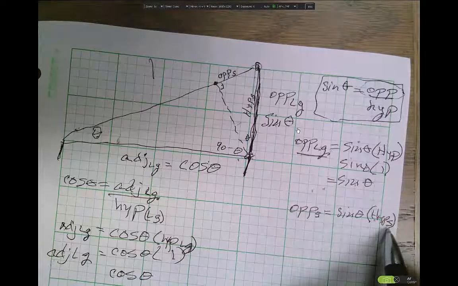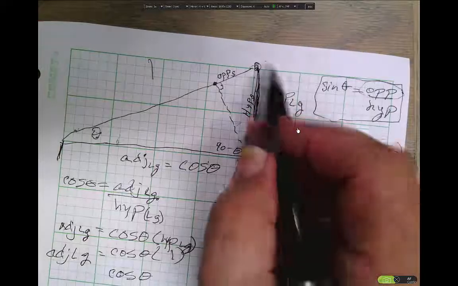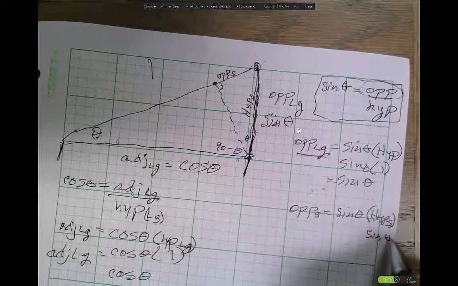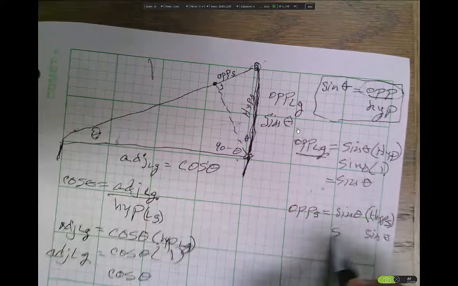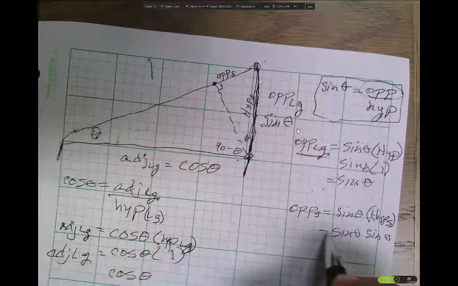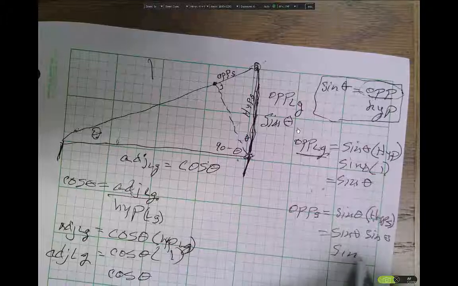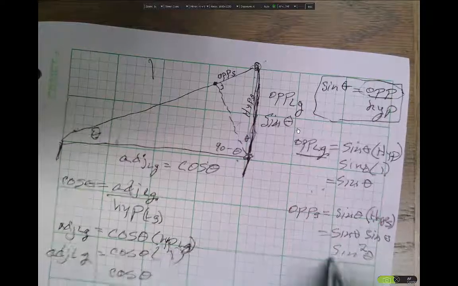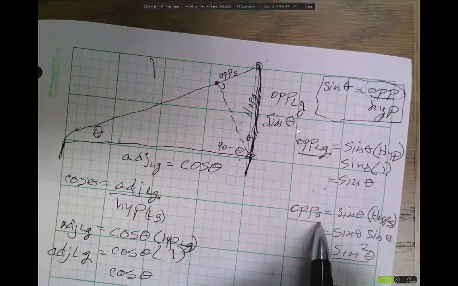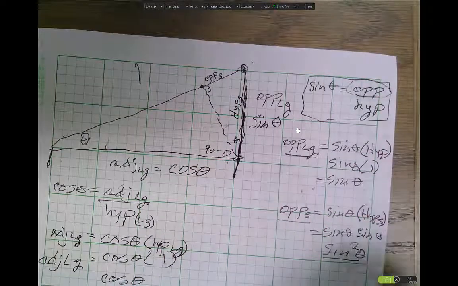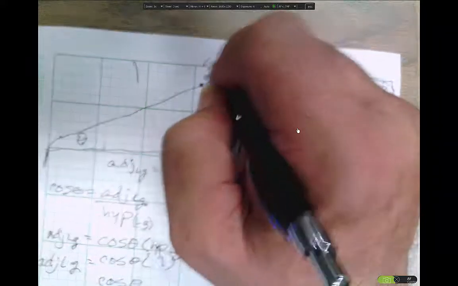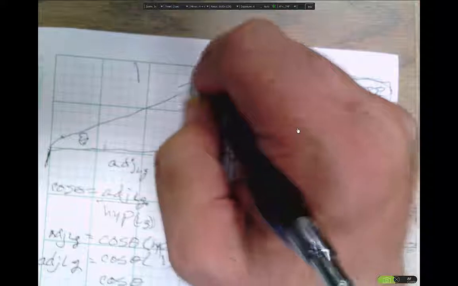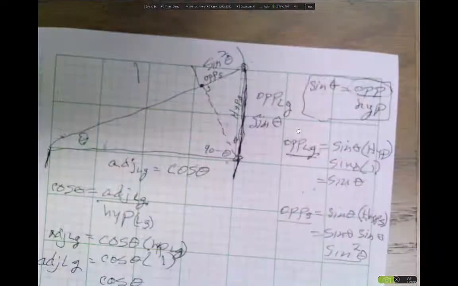Hypotenuse sub small has a symbolic value of sine of theta, times the sine of theta is sine of theta quantity squared. So this symbolism and this symbolism being the same, that's the reason why I can write sine of theta quantity squared for the length of that line segment.